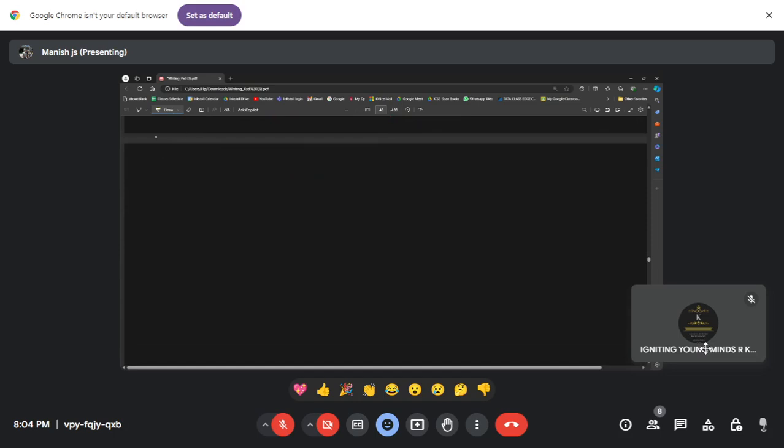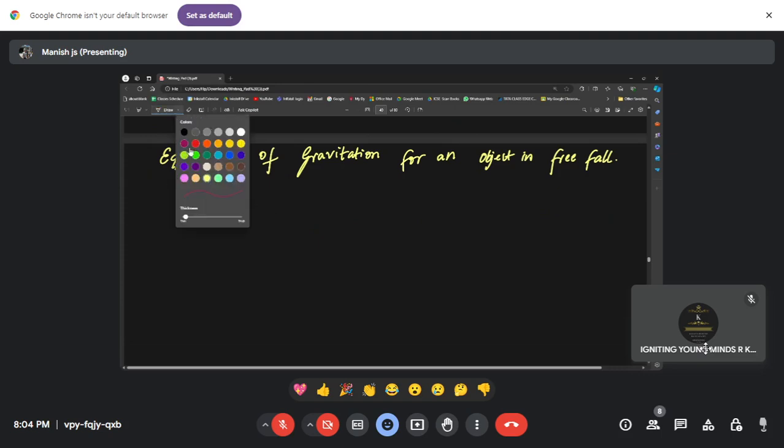So let's have a quick recap. Equations of gravitation for an object in free fall. So there are three equations. The first equation was v equals gt. Second equation was h is equal to half gt squared.